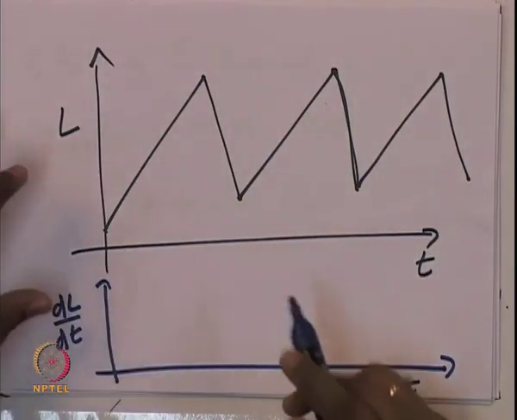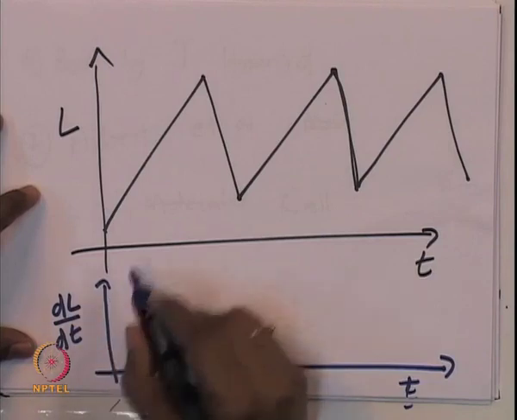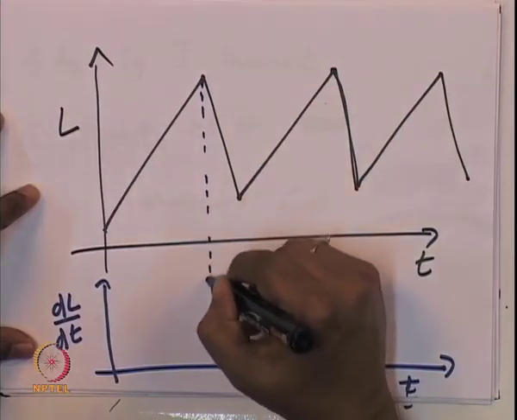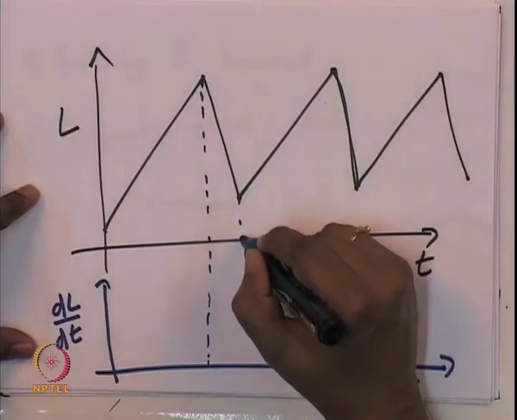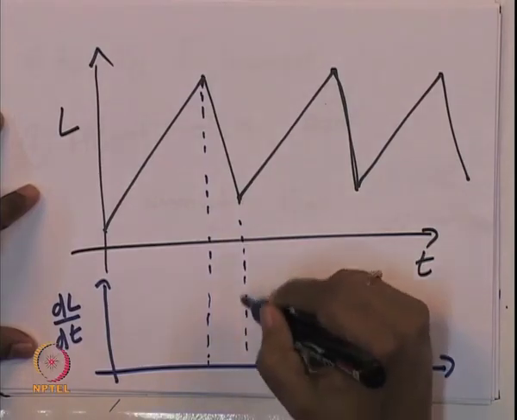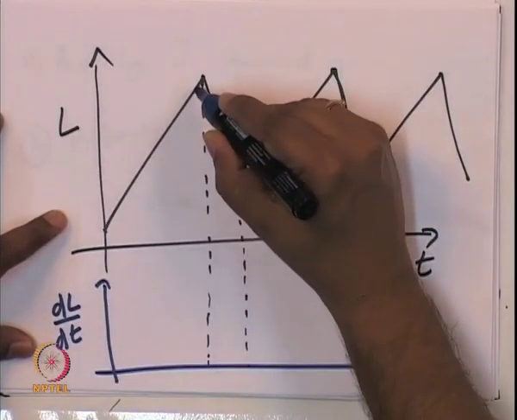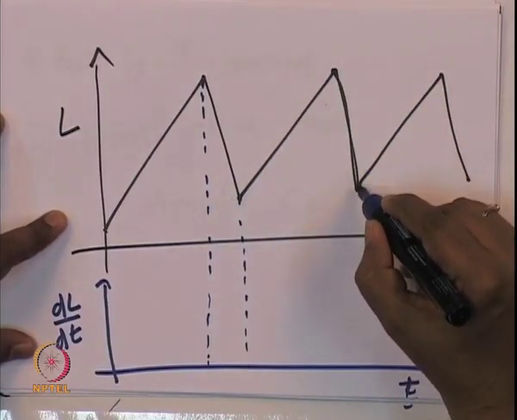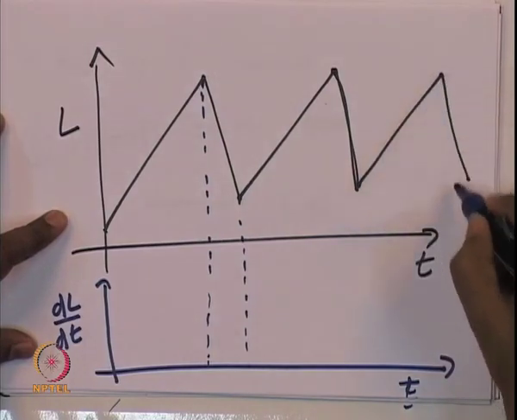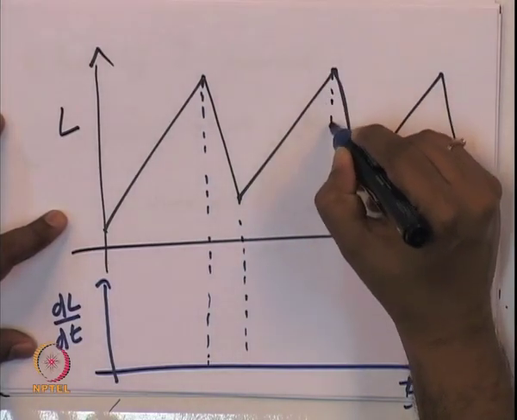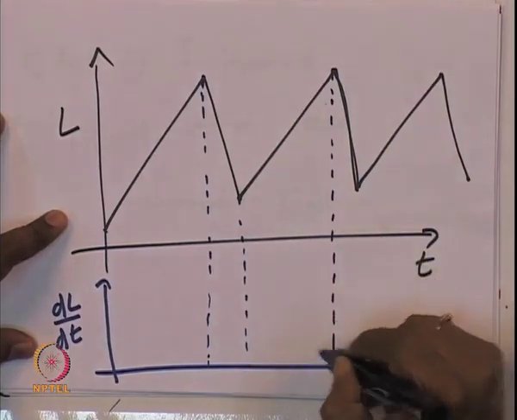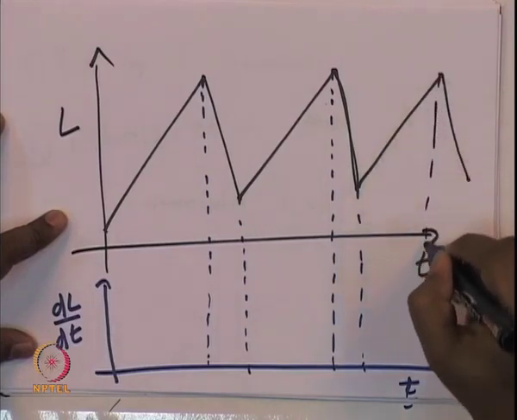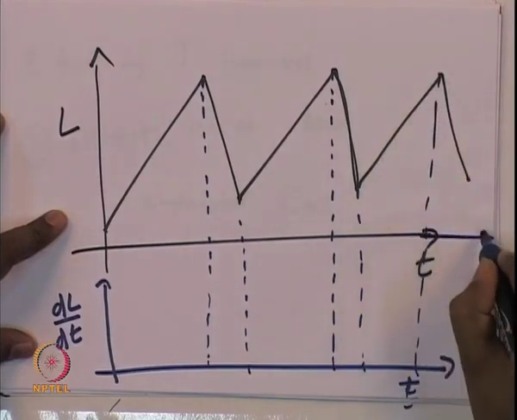So, here till this it is one line, then suddenly the slope changes to a different line, increasing, decreasing. So, these are the places where the slope changes, let us mark these points. These are the points where the slope changes.